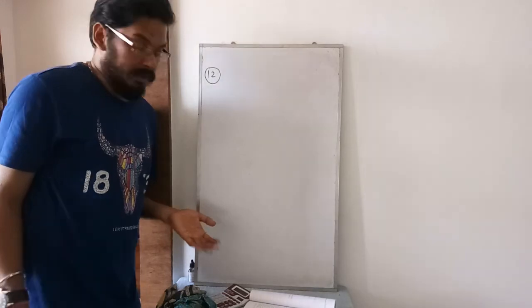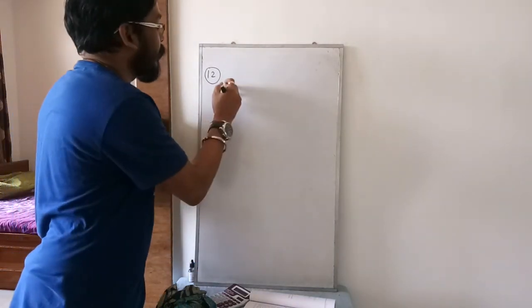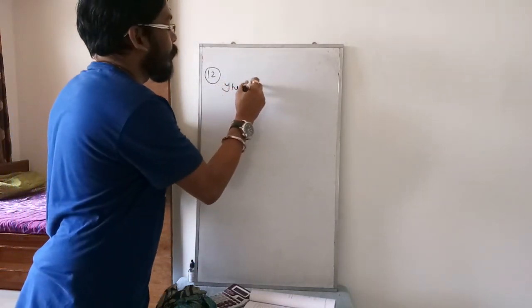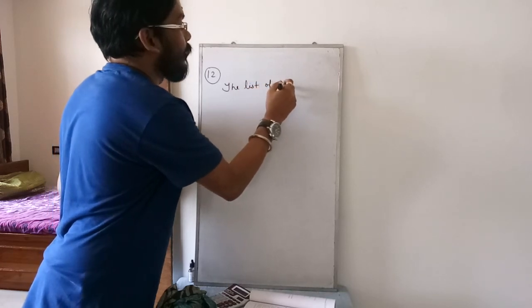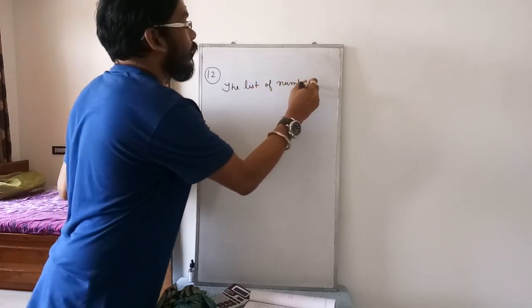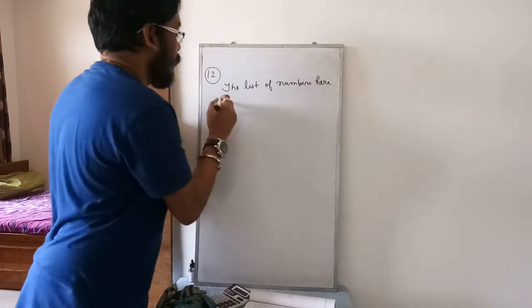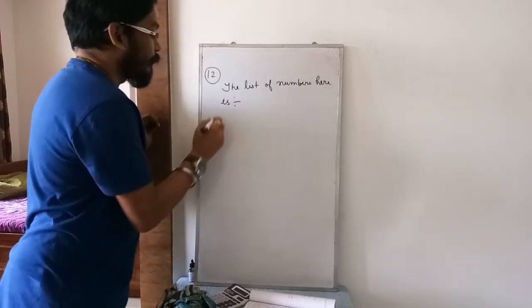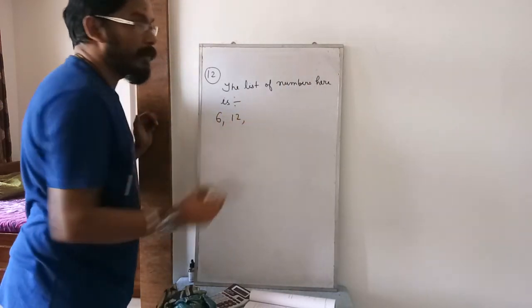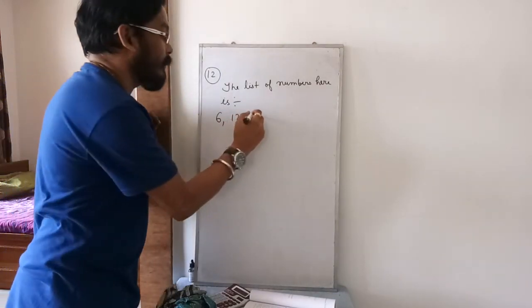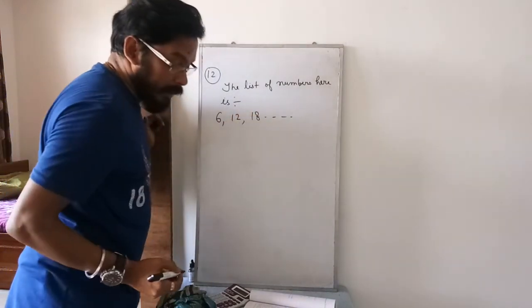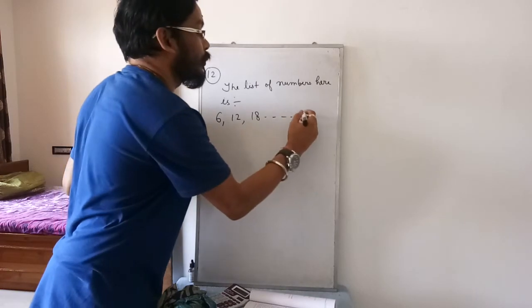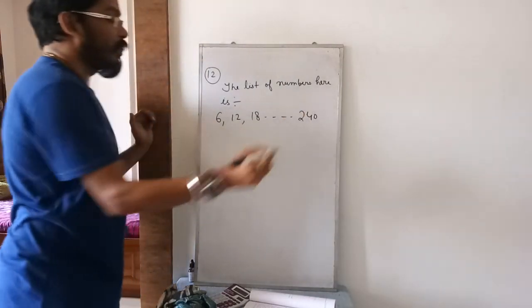These are multiples of 6. Okay. So the list of numbers here: first will be 6. Divisible by 6 means it will be a multiple of 6, 12, 18. You have to find the sum of first 40. So 6 times 40, it is 240. So this is your sequence.